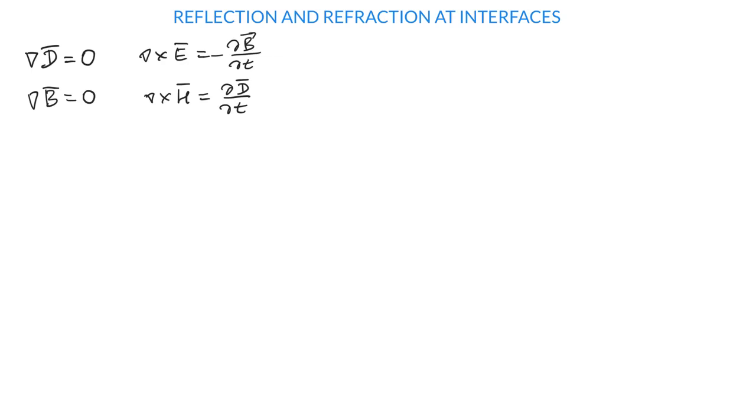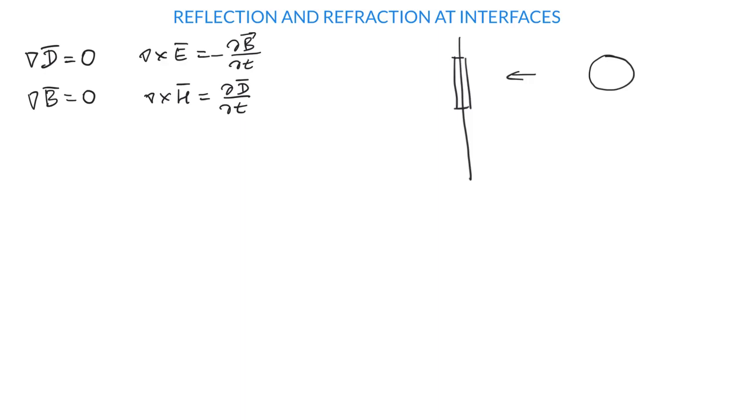The boundary conditions at an interface can be found from Maxwell's equations. So if this is an interface, we can do two things. To establish the boundary condition for the normal components, we take a pillbox straddling the surface. If we look from the side, that's just a small area with two surfaces on either side of the interface.